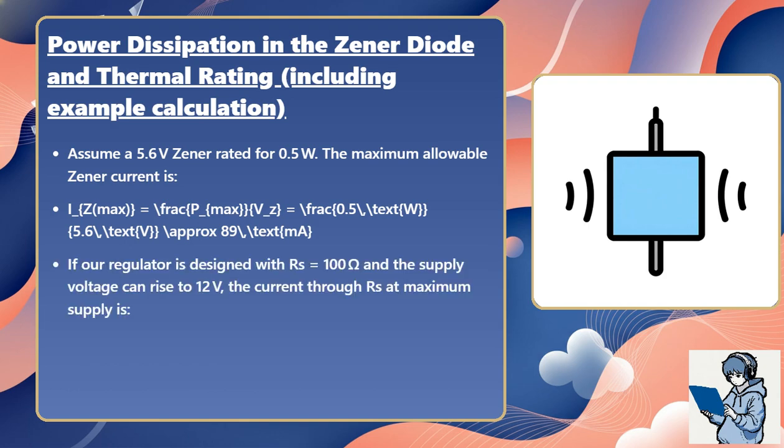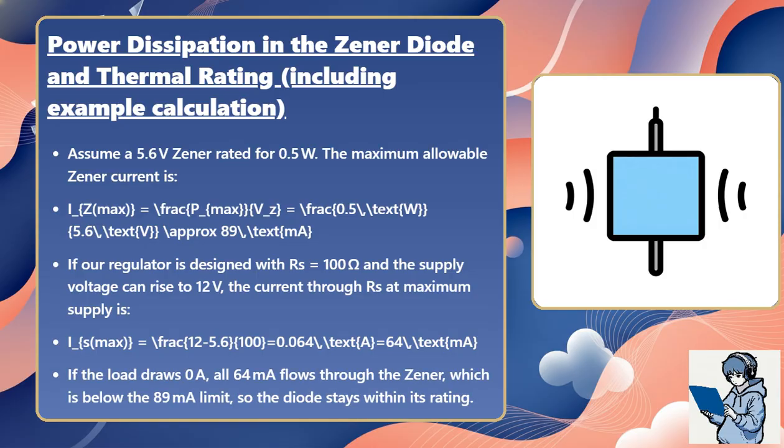If our regulator is designed with R sub S equals 100 ohms, and the supply voltage can rise to 12 volts, the current through R sub S at maximum supply is I sub S max equals (12 minus 5.6) divided by 100, equals 0.064 amperes, which is 64 milliamps. If the load draws 0 amps, all 64 milliamps flow through the Zener, which is below the 89 milliamps limit, so the diode stays within its rating.